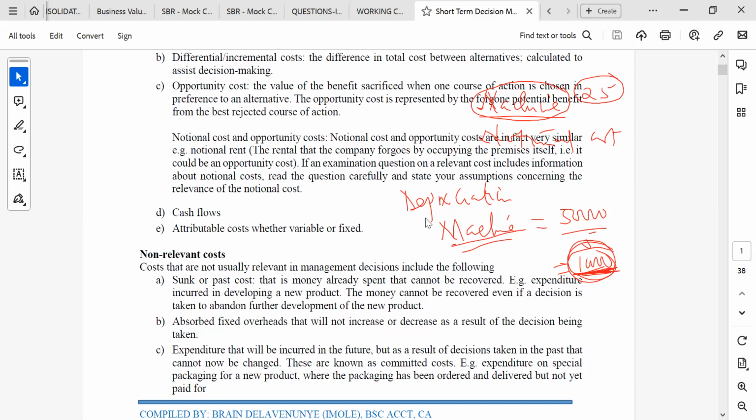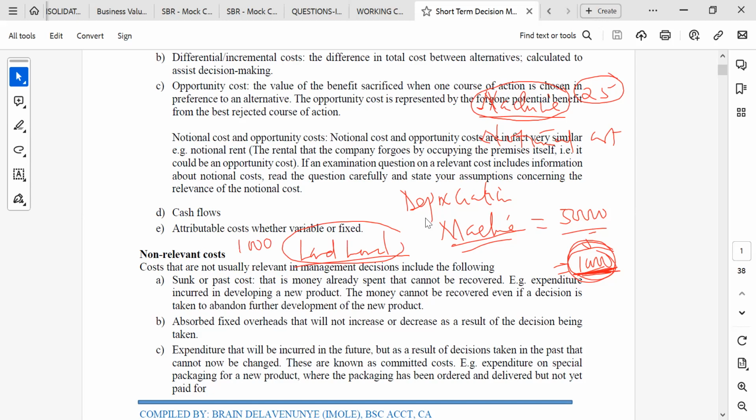Expenditure that will be incurred in the future, we call it committed cost. Committed cost. Say you told your landlord that you are coming to take a room. You say, okay, I'll make a payment of 1,000 for you to know that I'm serious.